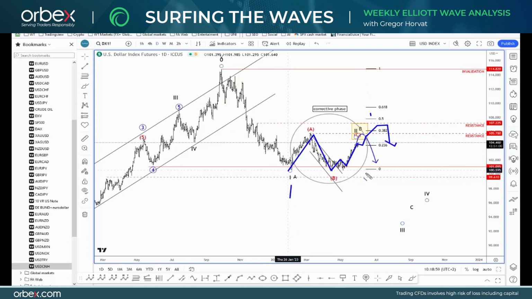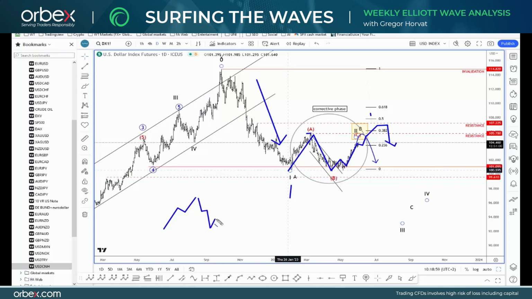Why I think it's incomplete? Because here I'm tracking a flat correction after this sharp drop from 2022 highs. So in a flat correction, you will see that wave A will be made by three waves. Then wave B will fall towards these new lows, also with three waves.